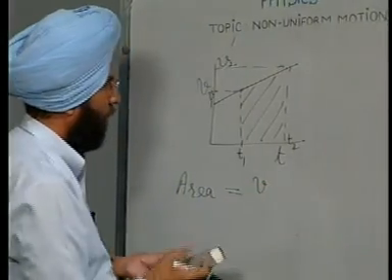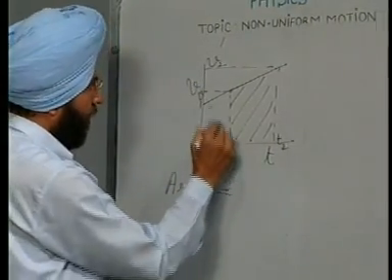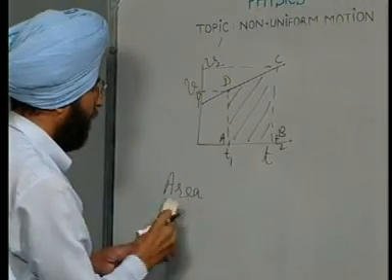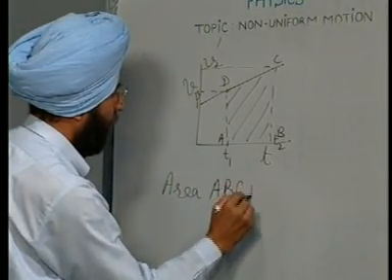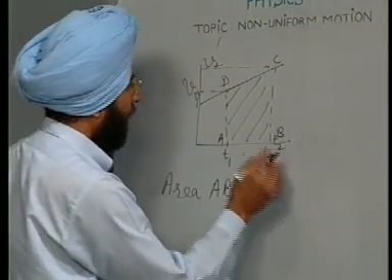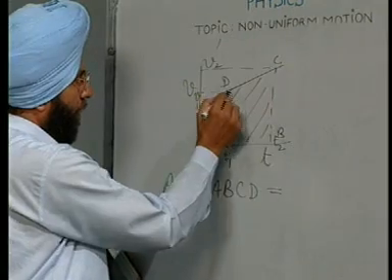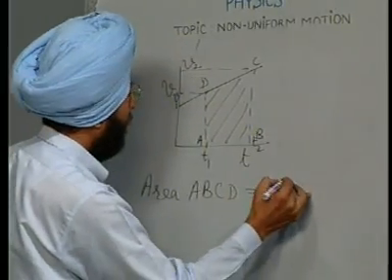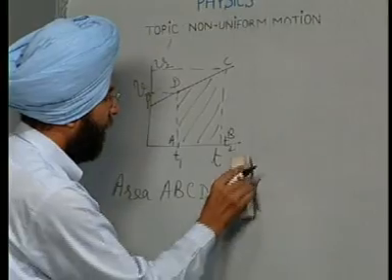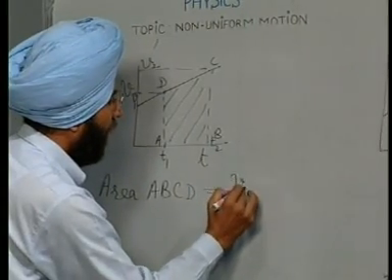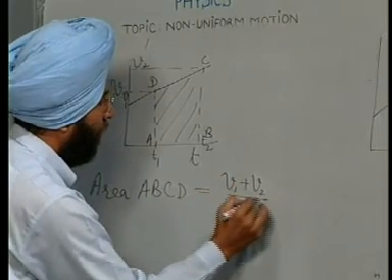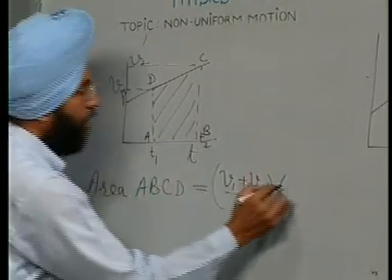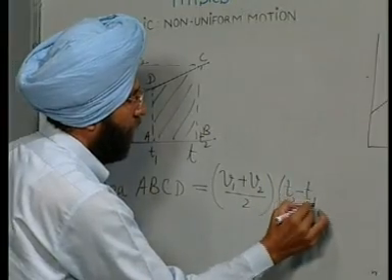the area A, B, C, D. This area, because these two sides are parallel, for this kind of figure, we have area equal to V1 plus V2 over 2 into the base T2 minus T1.